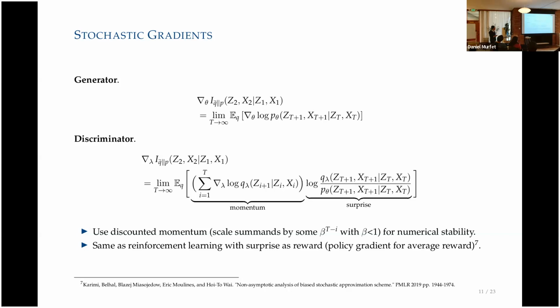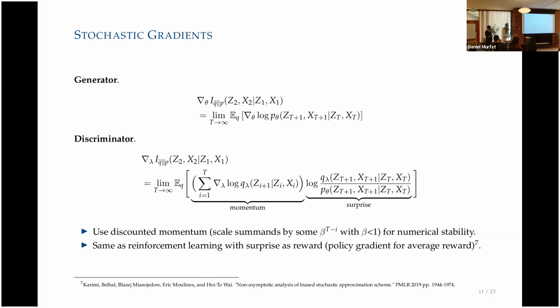This is the usual gradient that we see in machine learning or deep learning. The interesting part is with the discriminator. When we take the derivative with respect to P, with respect to Q, not only do you have to integrate under the integral of Q log Q over P, but you also have a dependency on the initial distribution Q bar. So that makes this very hard to differentiate.